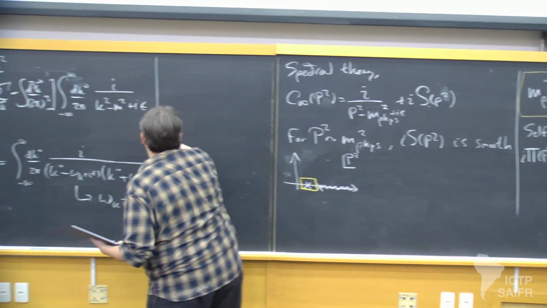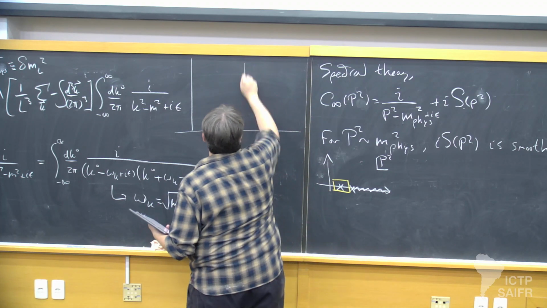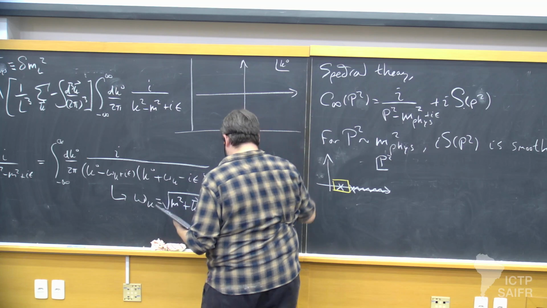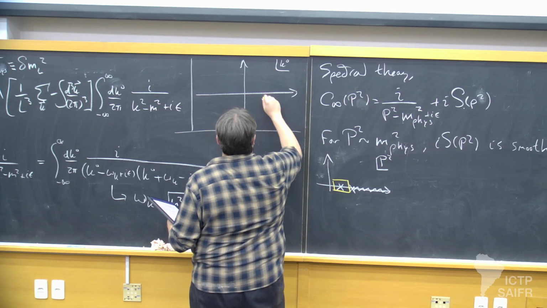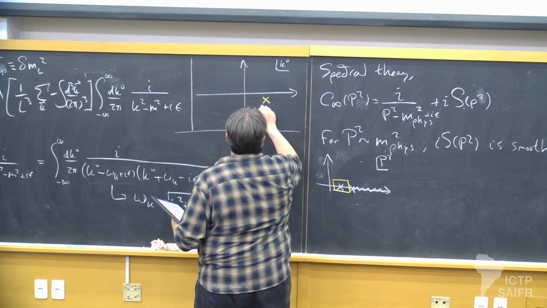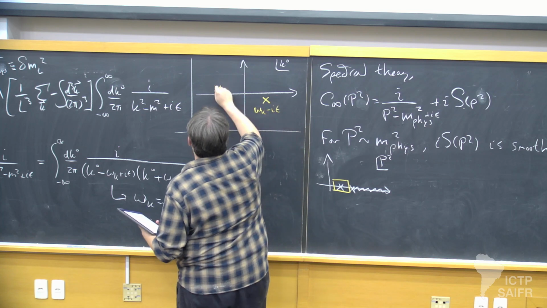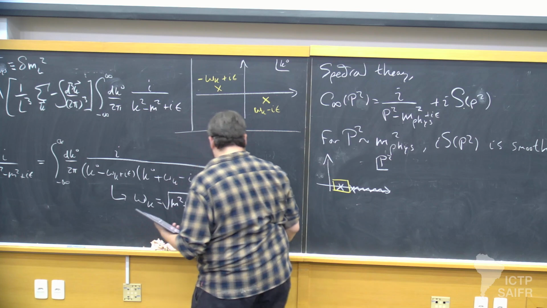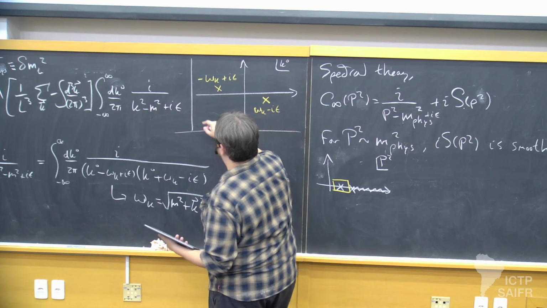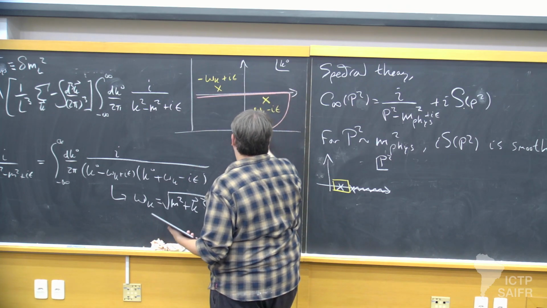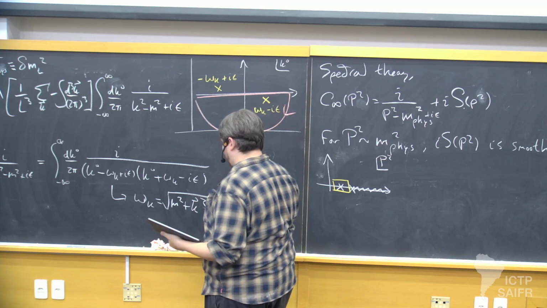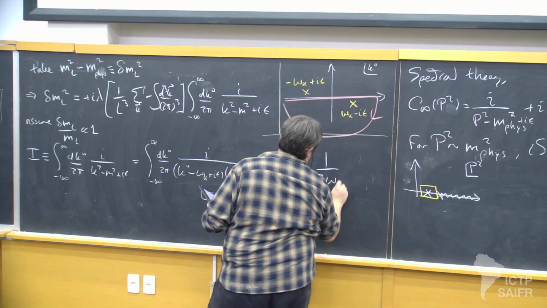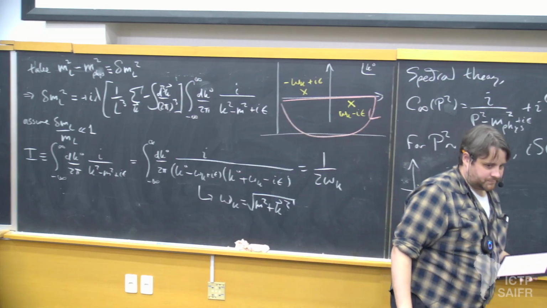Let me just squeeze in the drawing up here. So in the complex k naught plane, we have one pole here, omega k minus i epsilon, one pole here, minus omega k plus i epsilon, and I'm going to choose this contour to wrap around. When I do so and apply Cauchy's theorem, I get 1 over 2 omega k.